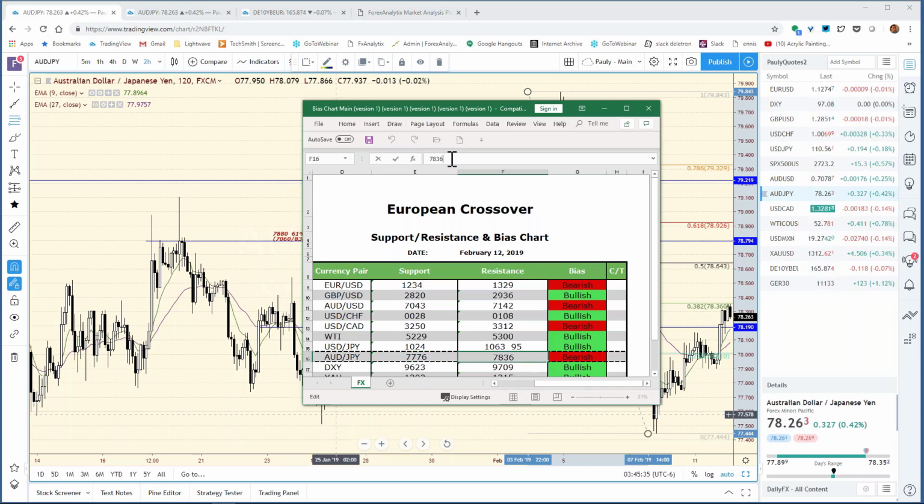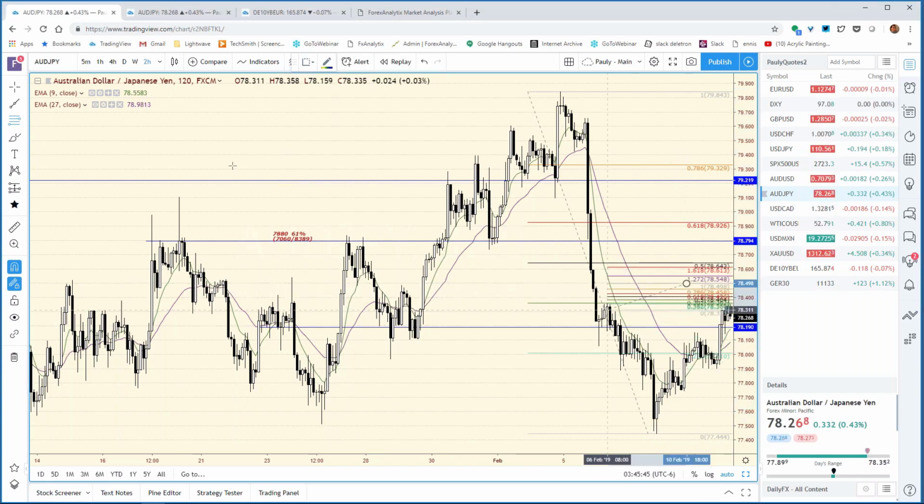Let's say it's 51. That'll be support at 77.89.